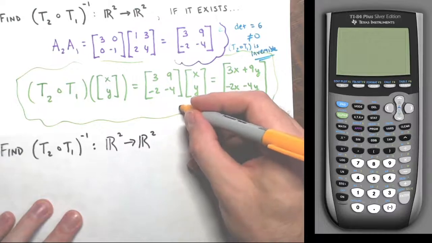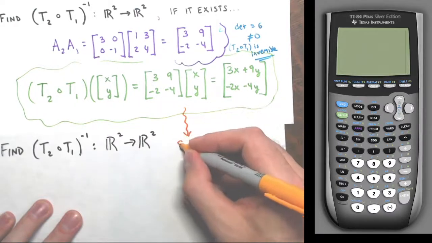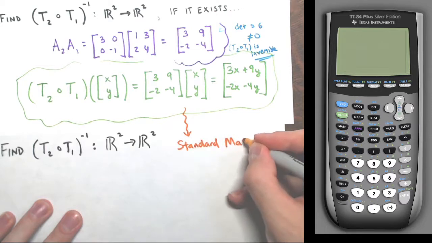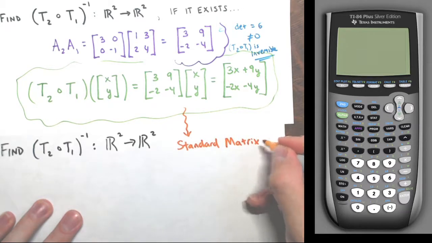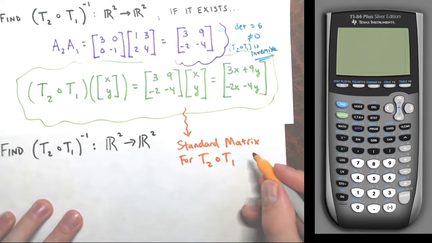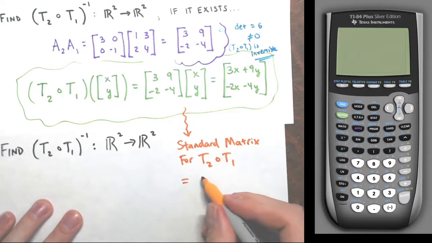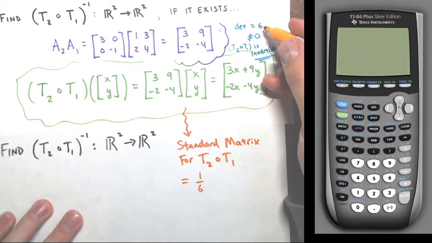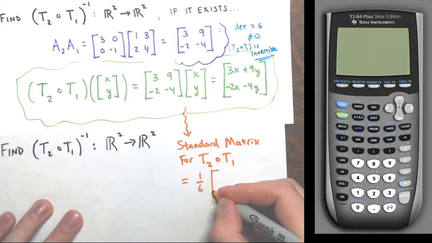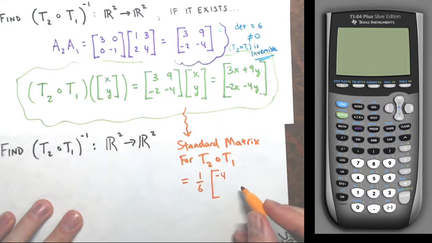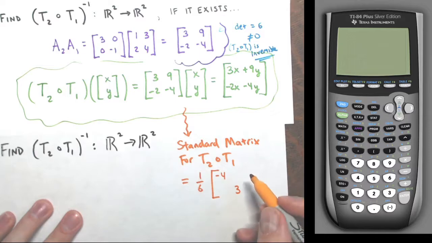From here, the standard matrix for T2 composed with T1 inverse is 1/6, the reciprocal of the determinant of this matrix, multiplied by the adjoint matrix, where you switch the main diagonal entries in a 2 by 2, then -9, +2.